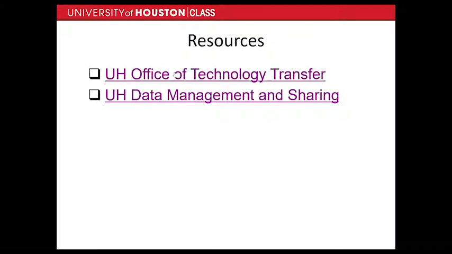You can use this search bar to type in keywords, and it'll pull up all the faculty that have those keywords in their research interests. So this is a really good tool if you're thinking about collaborating with someone, or you have an idea but you're not sure who you could potentially collaborate with.